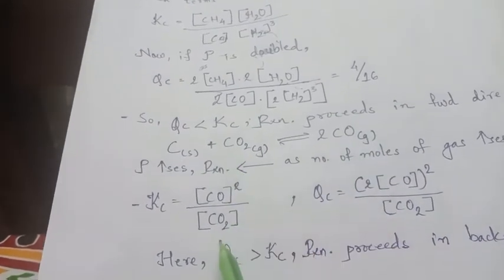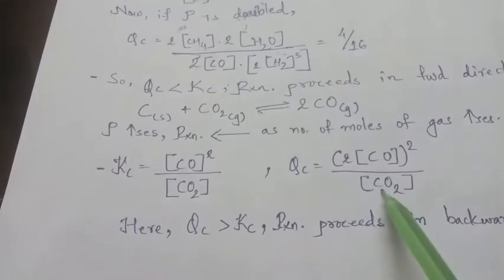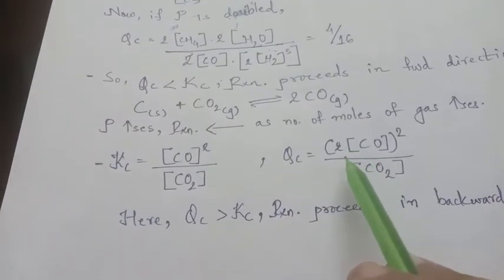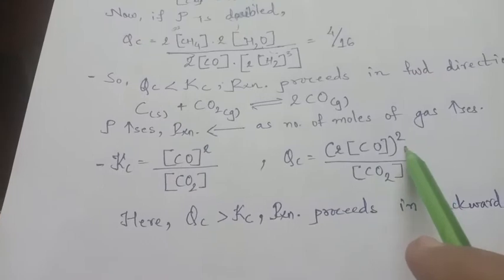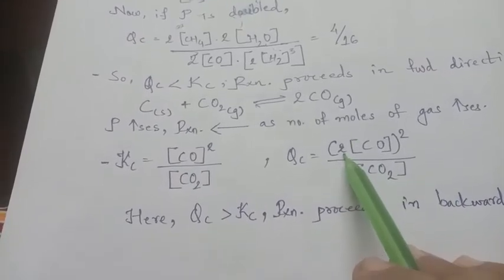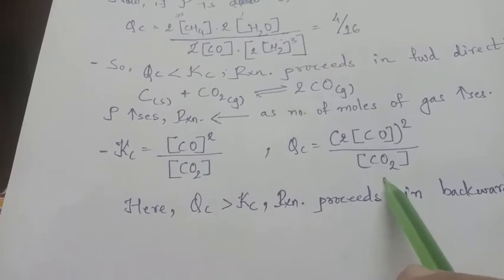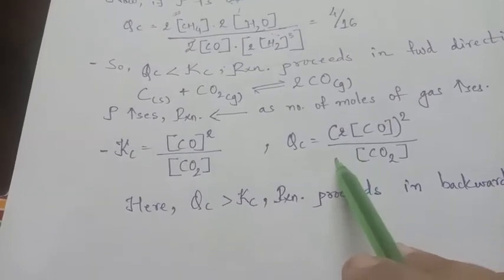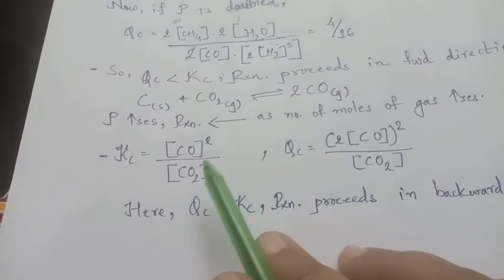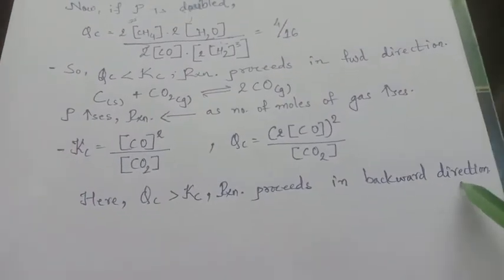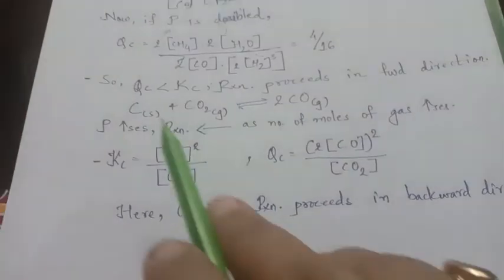So only the gaseous form is considered. And Qc is equal to double, right here. So 2 CO raised to 2 multiplied by 2 because pressure increases, and here CO2. So here Qc increases over Kc, and the reaction proceeds in the backward direction, right?